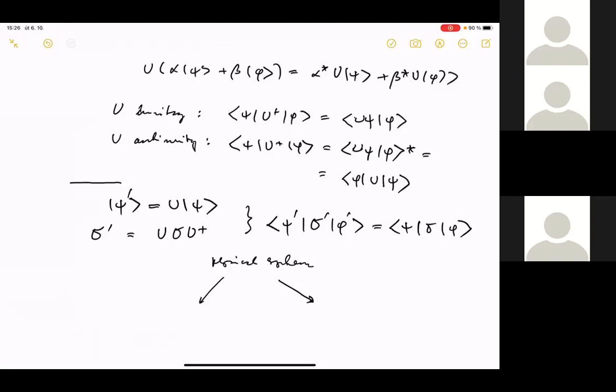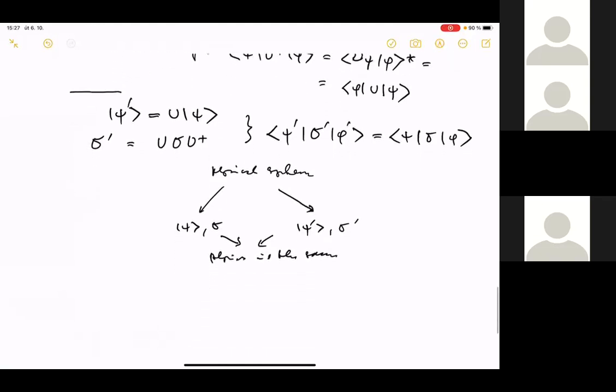One uses the state psi and operator O. The second uses state psi prime and operator O prime, and the physical output of these two descriptions is the same. So probabilities and matrix elements are the same. Such a change of description is called symmetry.